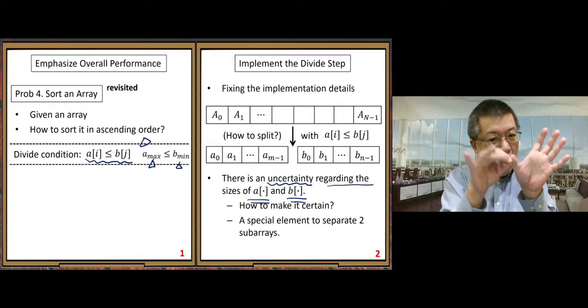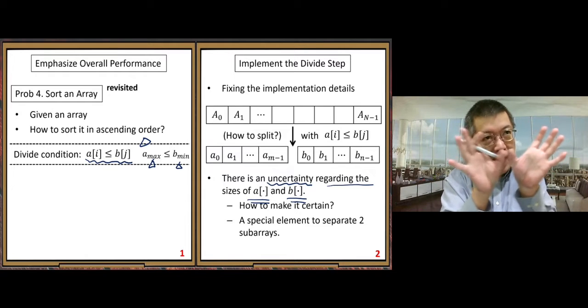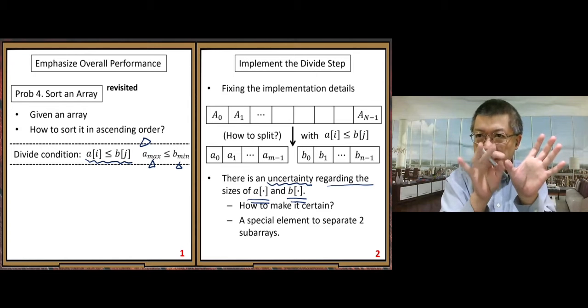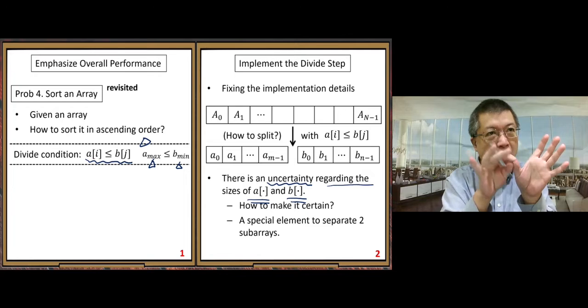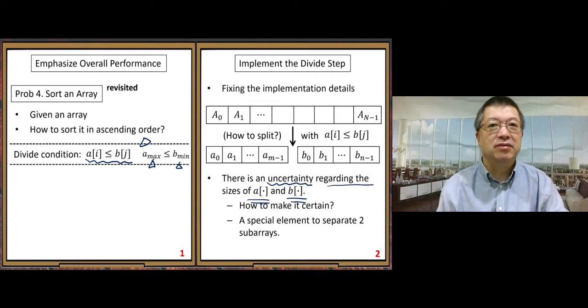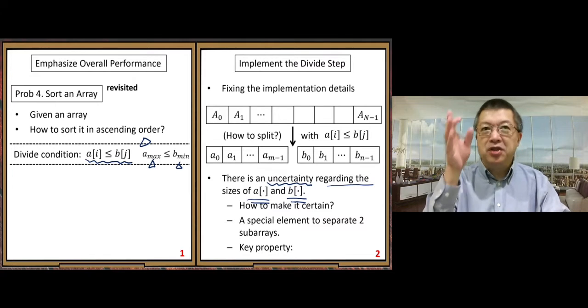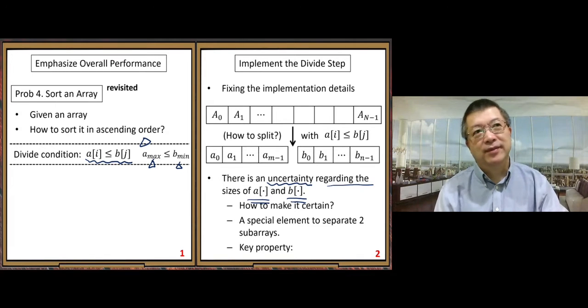Think about the point where we join two subarrays, the boundary, the edge point, the join point. Think about that special element. That special element has a key property. Try to imagine what key property it must have.